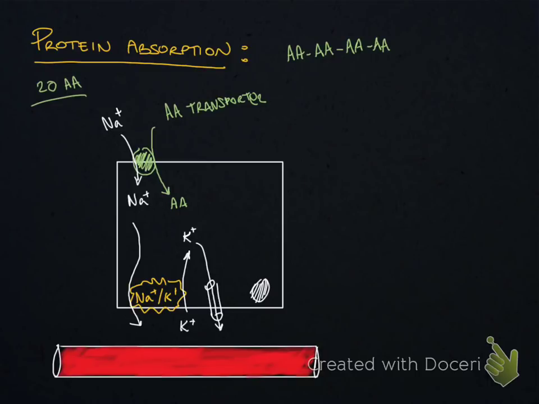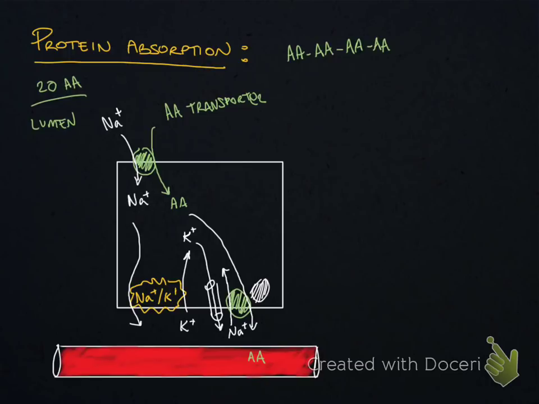On the other side, on the basal side of the cell, remember this would be the luminal edge, we'll have another amino acid transporter that will basically do the same thing. It'll use sodium to move down its concentration gradient, and then in doing so, the amino acid will move out and can be absorbed into the blood.